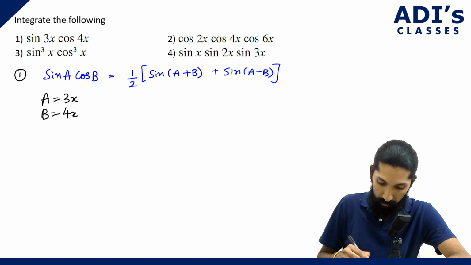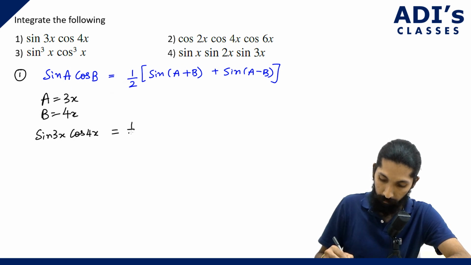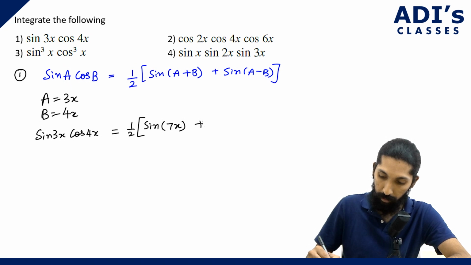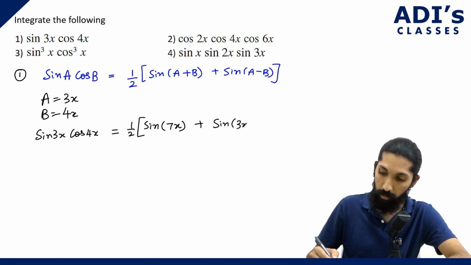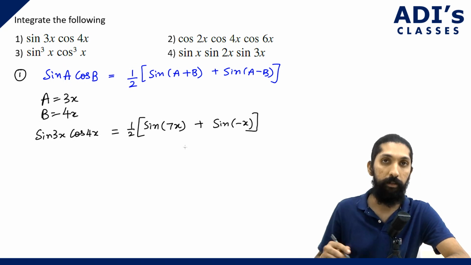So you will get sine 3x cos 4x is equal to half of sine of 3x plus 4x, 7x, plus sine of 3x minus 4x, or I can just write it as minus x, right?